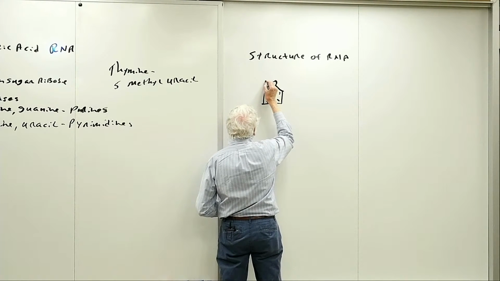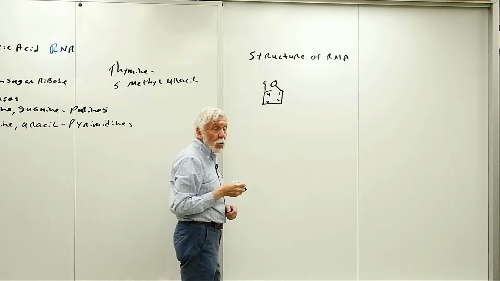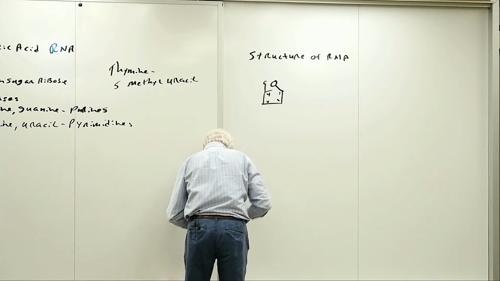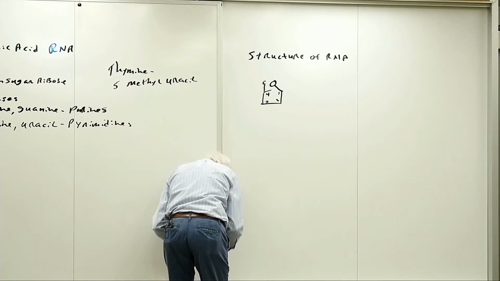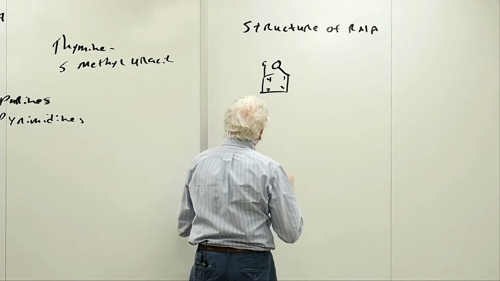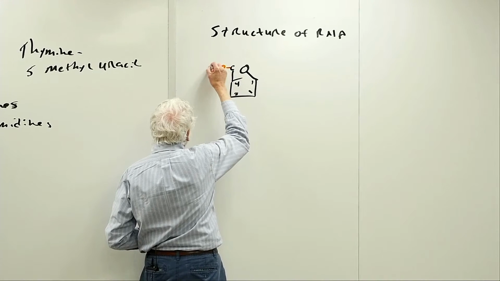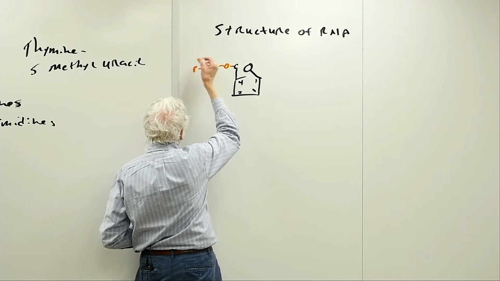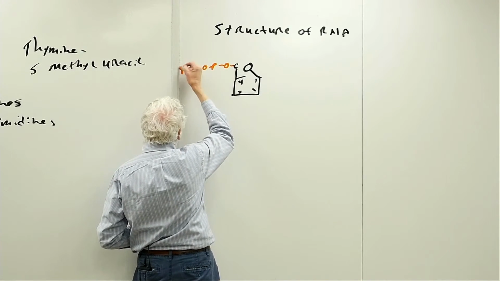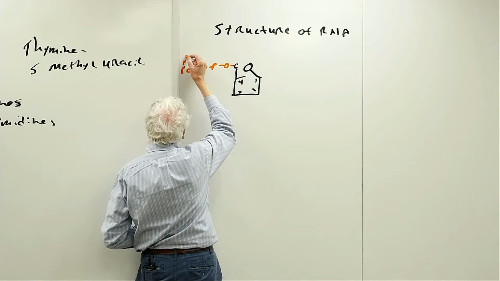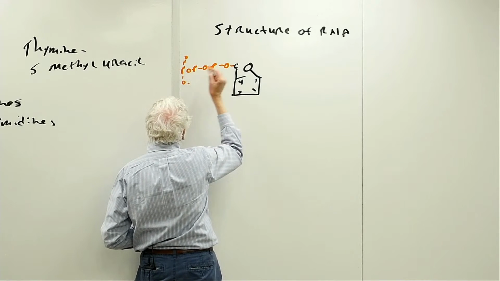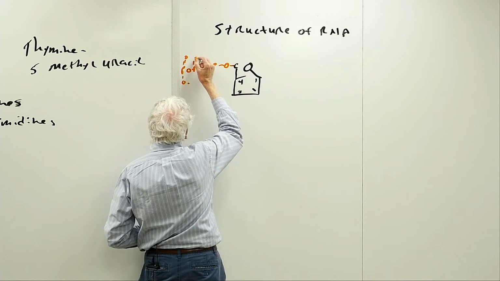And up here on the flagpole is the number 5 carbon of the sugar. As with yesterday, that number 5 carbon has on it an oxygen, a phosphorus, an oxygen, a phosphorus, an oxygen, and a phosphorus. And I won't go through all of it, but there's a double bonded oxygen and an O negative on each of the phosphoruses.